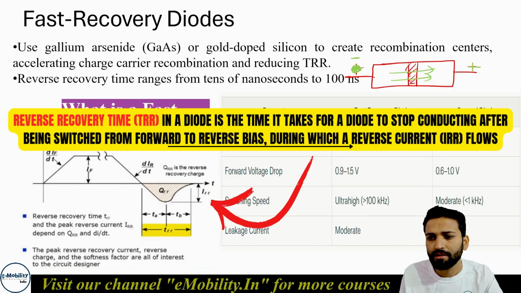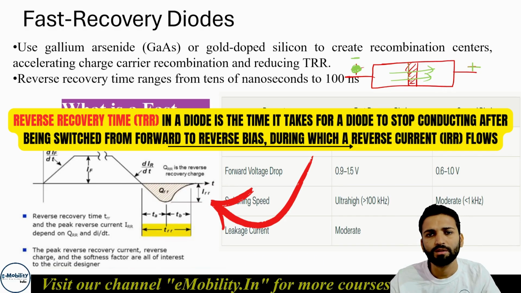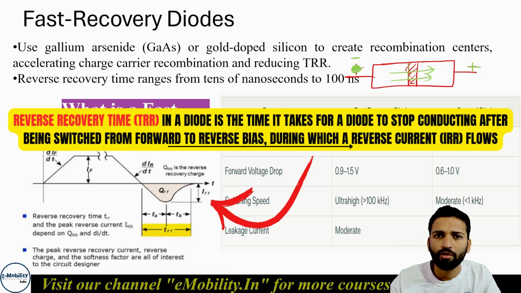What happens? The depletion layer needs to be rebuilt, because during forward bias the junction gets very narrow so that the flow of electrons and holes can happen. But as soon as you switch off the diode, this junction needs to be widened. For this the diode requires a certain amount of time. That time is known as the recombination time or the total recovery time, the TRR of the diode.